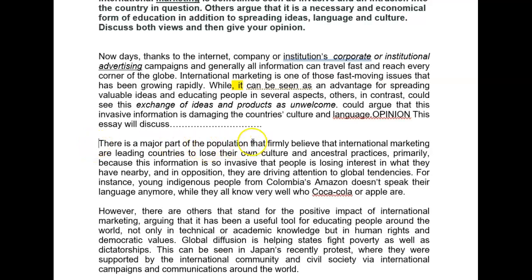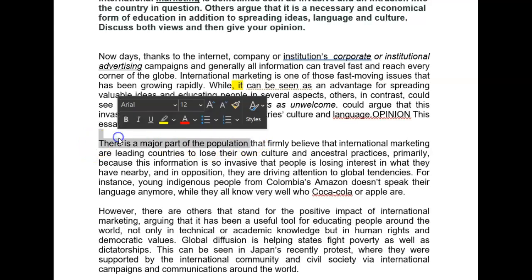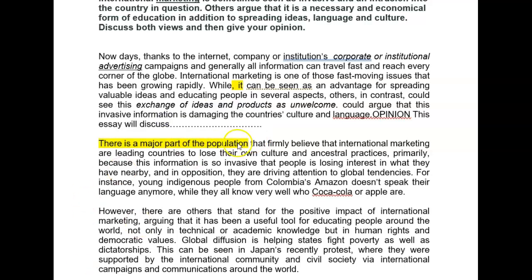There's a major part of the population, so why don't we just say experts or business experts or many experts believe that. So I would avoid putting that bit in there. Okay, believe that international marketing or advertising is, okay, singular verb, leading countries to lose their own culture and ancestral practices, primarily because this information is so invasive.